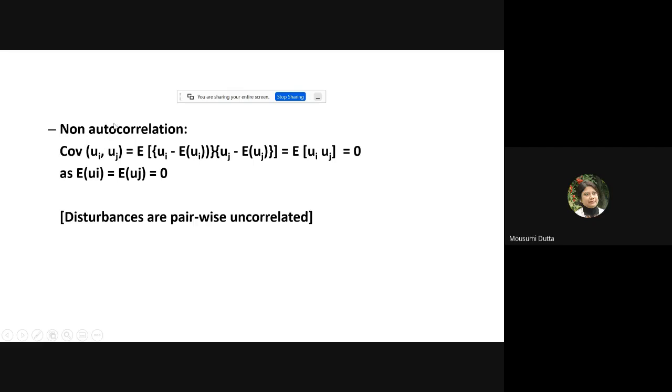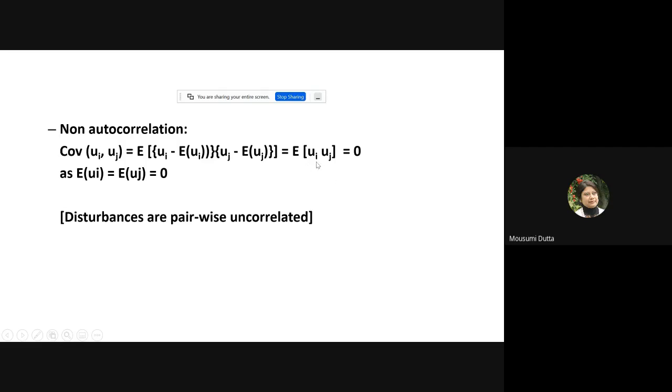Now, why is the term auto there? In general, when we consider the concept of correlation among variables, we consider the correlation between x1, x2, x3, x4, etc., which are totally different variables, or correlation between, say, x, y, z: xy, yz, etc. Here, we are not doing that.